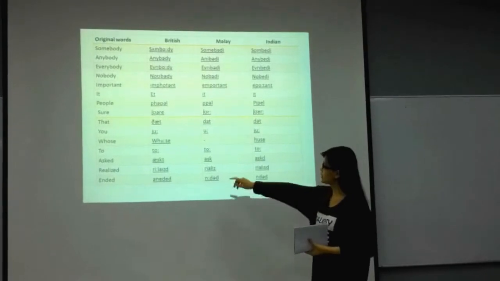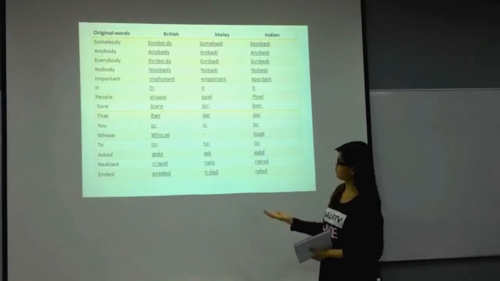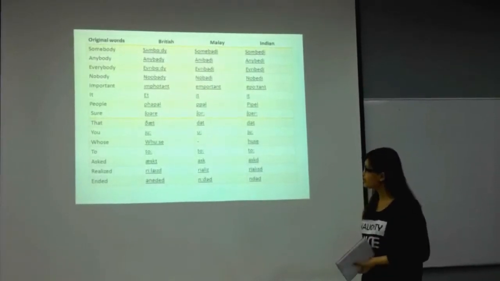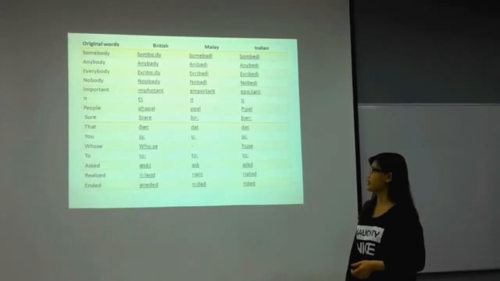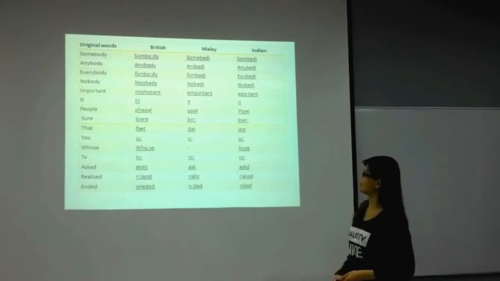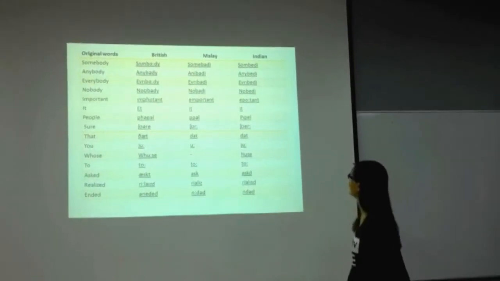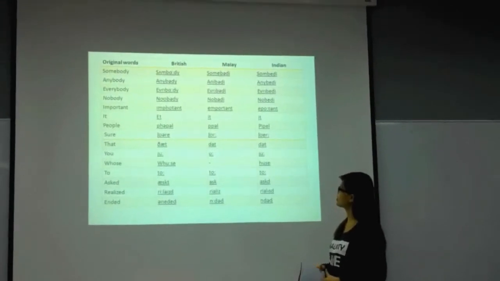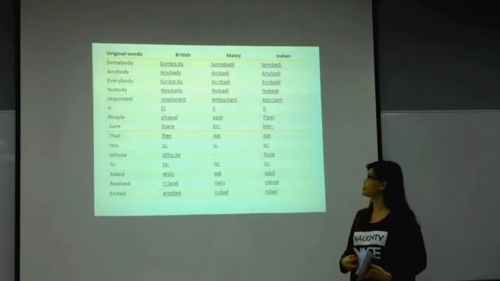And the third one is everybody. For British, he pronounced it as everybody. And then the Malay girl pronounced it as everybody.